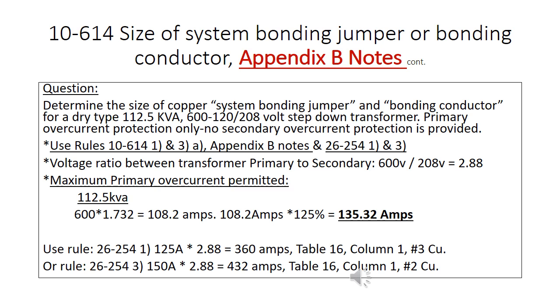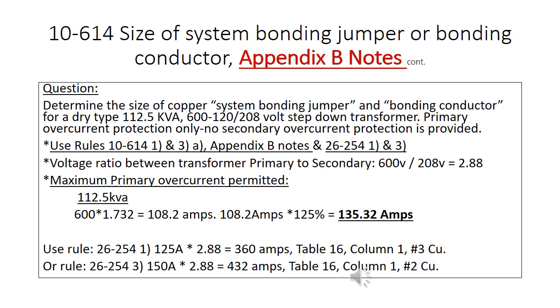If we decide to increase our overcurrent device in accordance with 26.254 Subrule 3 to 150 amps, because 135 is not a standard overcurrent device, we multiply the 150 amps by 2.88, and we now come to 432 amps.